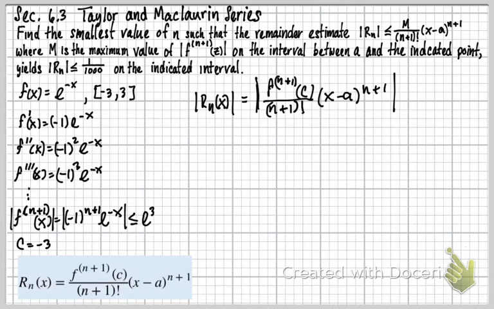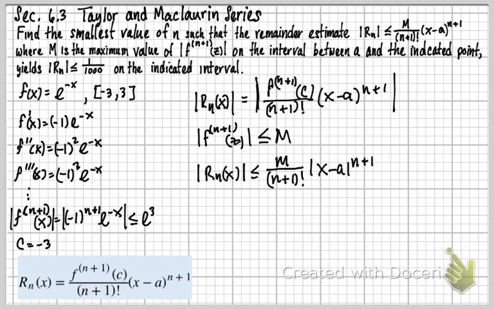Which then we know that this f n plus 1 of z is going to be less than or equal to M. So then what I get is this. And this is where we're going to start. And I know M now. What do I know M is? It's going to be e to the 3. So then this is less than or equal to e to the 3 over n plus 1 factorial times x minus a to the n plus 1.